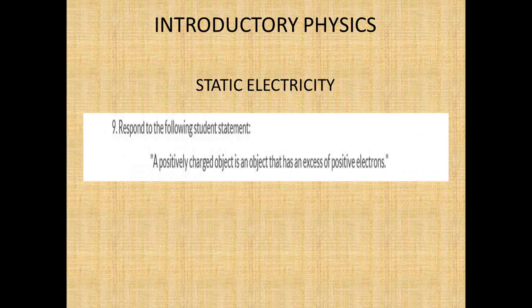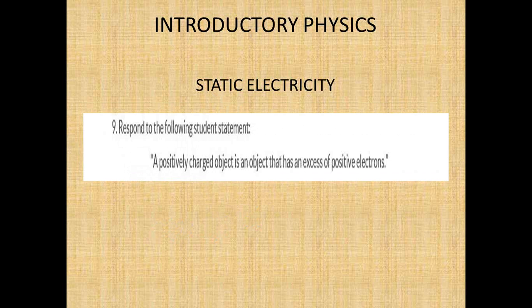So that's basic. To calculate the charge or the number of electrons, the numbers you have to remember are that the charge on each electron is 1.6 times 10 to the power minus 19 coulombs.